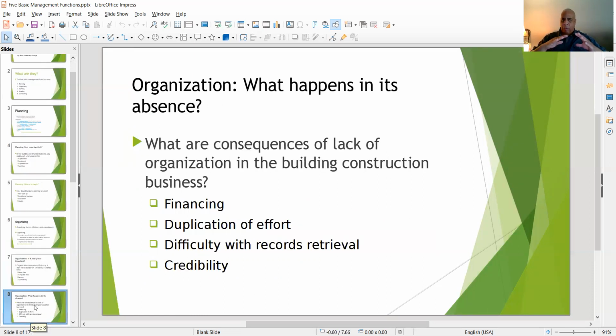Now, when there is no organization, what happens? Well, you're going to lose credibility. You can't track records. If you've already had an issue, you may duplicate that issue. And the most important is money. You could lose money.